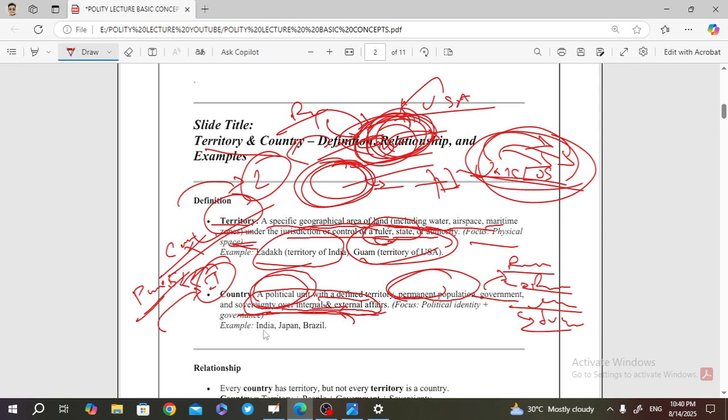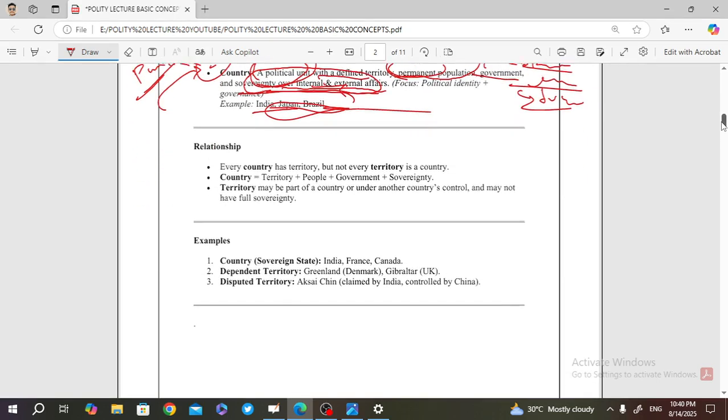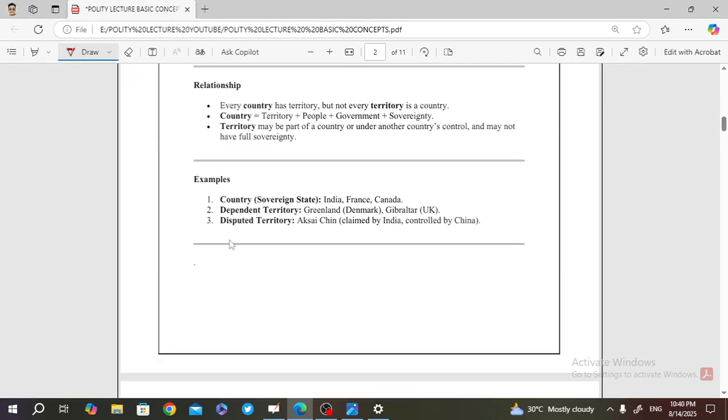Examples of countries are India, Japan, Brazil, Denmark. Now the relationship between territory and country: every country has a territory. Let's say India is a country, so India has a territory.